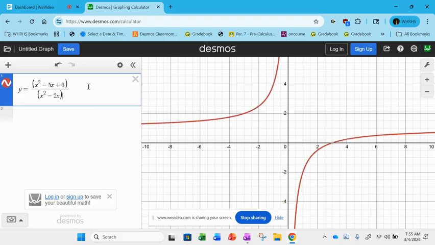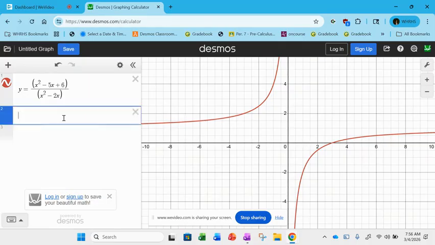Okay, so we said that we had a 0 at 3 right there. And then we thought we might have potentially had a 0 at x equals 2. Well, let's show that.